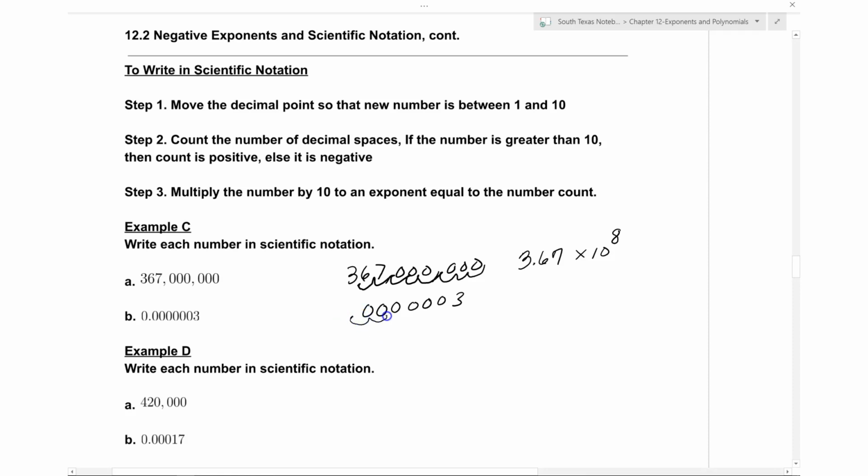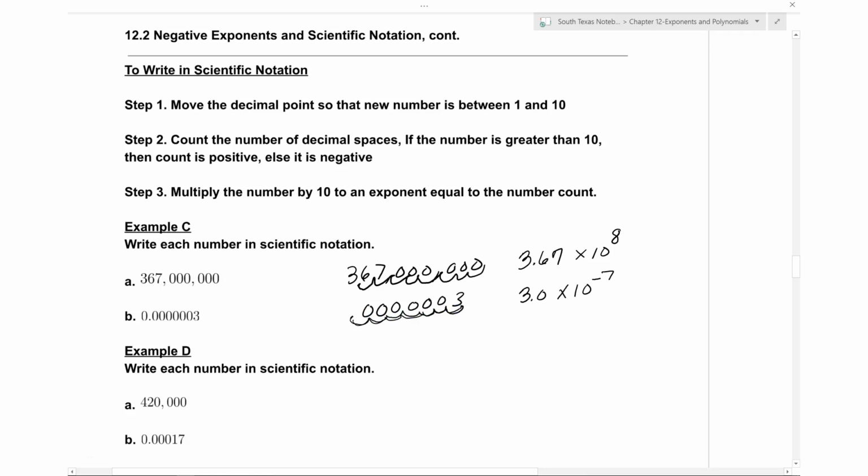So we have 1, 2, 3, 4, 5, 6, 7. So we're going to have 3.0 times 10 to the negative 7. And we're going to count that again: 1, 2, 3, 4, 5, 6, 7.